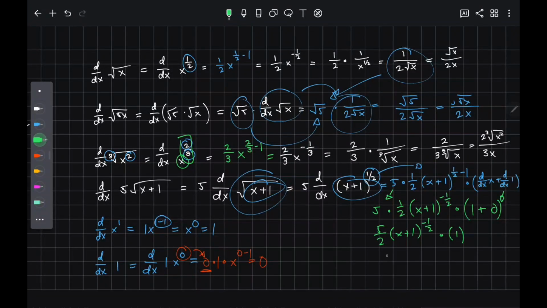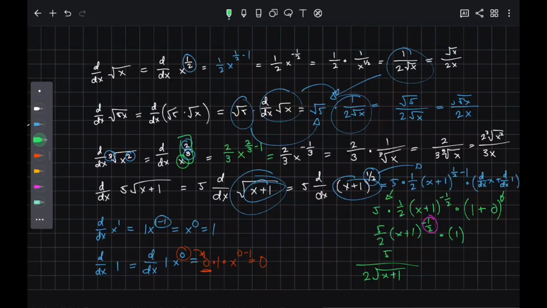So that could also be written as 5 over 2. Since this is a negative 1/2, it means that is the inverse, so that will be found in the denominator, and 1/2 means square root, so that is 5 over 2 square root x plus 1. Therefore, the derivative of 5 square root x plus 1 is 5 over 2 square root x plus 1.